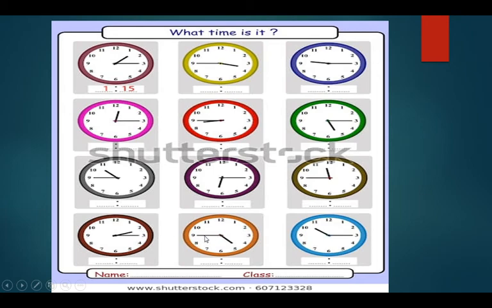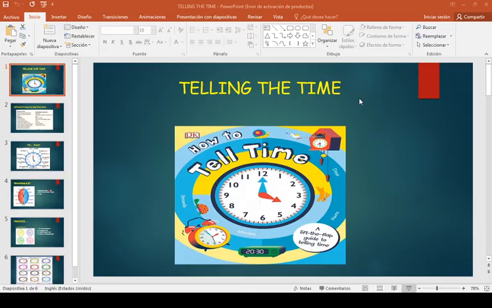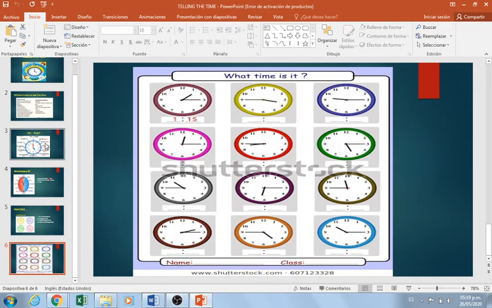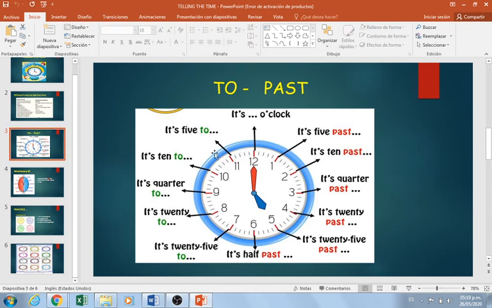In this case, quarter to 5. In this case, quarter to 11. Remember that it's so important. Have you taken into account all of this, okay? Remember, to is used when the time is near to the next hour. Past when it has just passed.